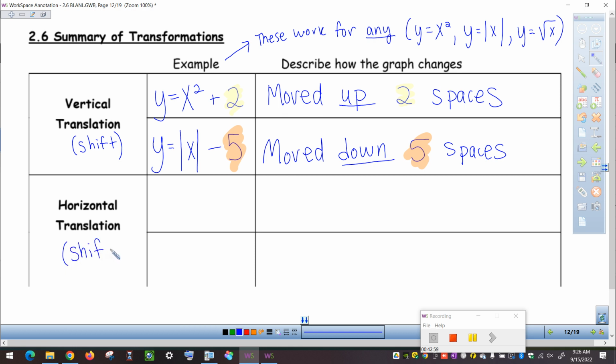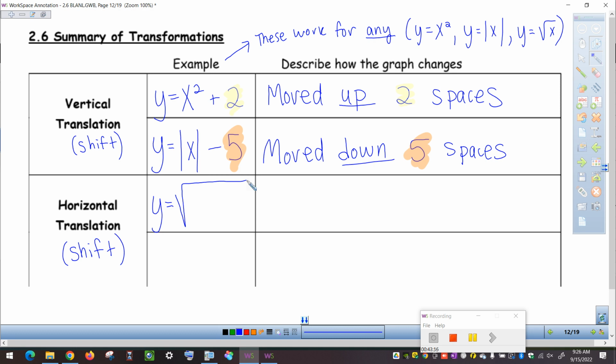All right, we talked about horizontal shifting, also called a horizontal translation, and this is where we're going to be moving left or right. So the difference here is that we are adding or subtracting a number inside of our function. So let's use the square root function here for our first example.